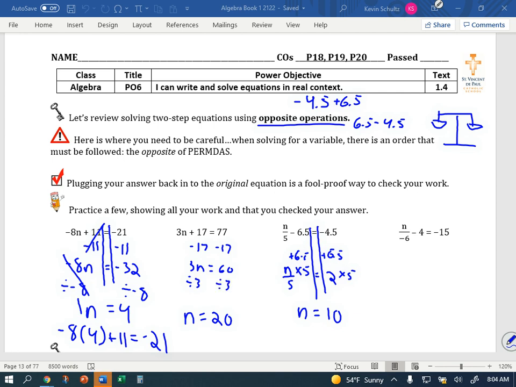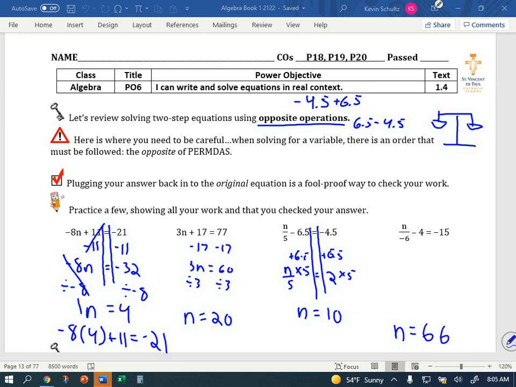Okay. What'd you get for the fourth one, Vince? N equals what? Negative 66. Plug that in. Negative 66 divided by negative 6 is positive 11. 11 minus 4 is 7. It's 66. Check those signs.